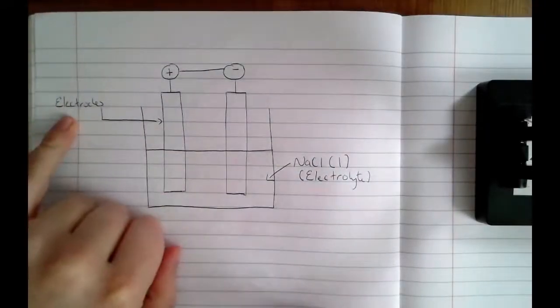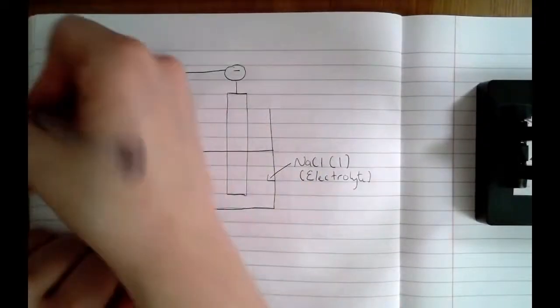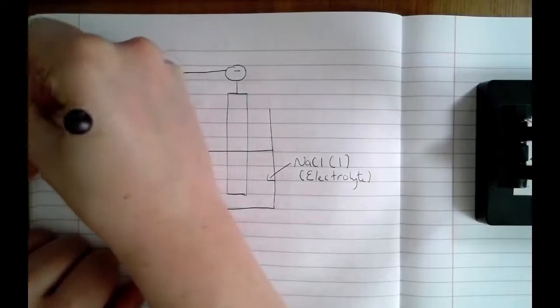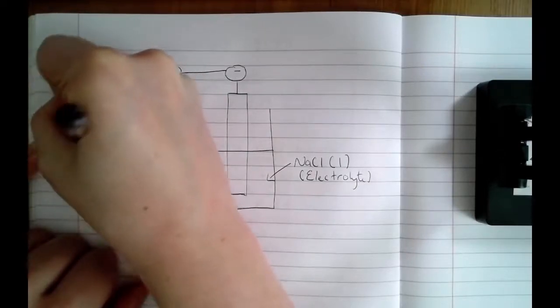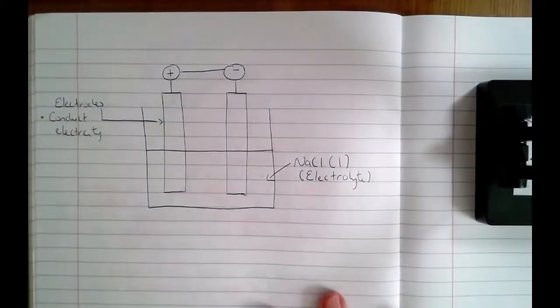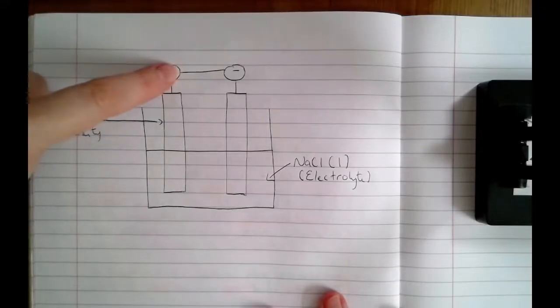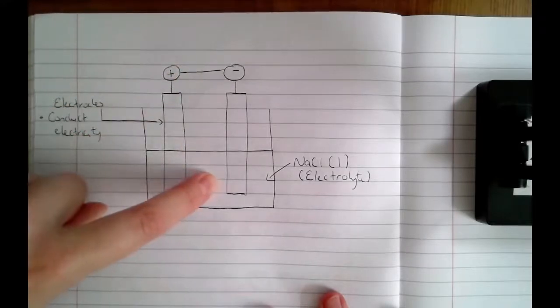To be a substance that is suitable for use as an electrode, that substance must be able to conduct electricity. Remember, conducting electricity just means let electricity pass through. You've got electricity in your battery. You need that electricity to leave the battery, pass through the electrode and into the ionic compound.